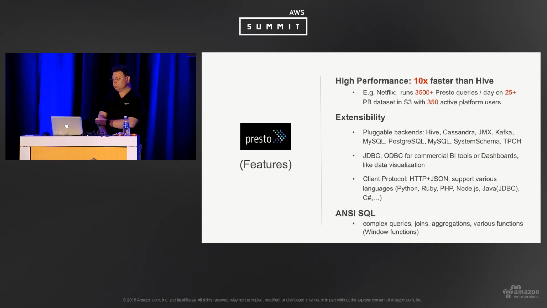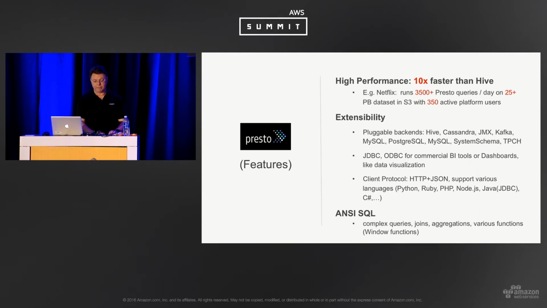Okay. So what's been achieved so far with Presto? They've accomplished high performance, about 10 times faster than Hive. As a proof point, there are many companies using it, but as one proof point, Netflix is a huge user of Presto.